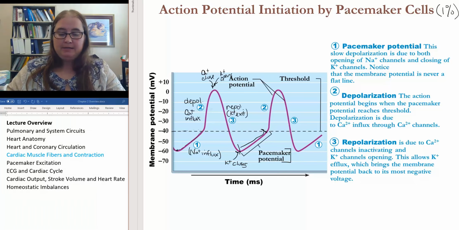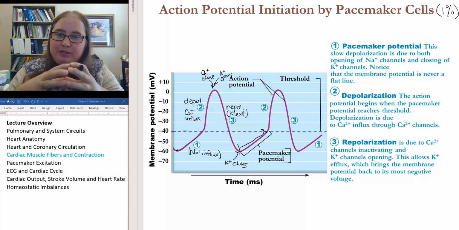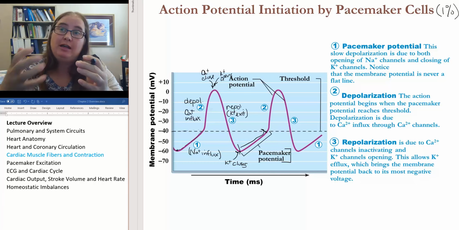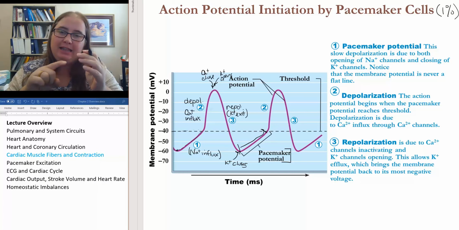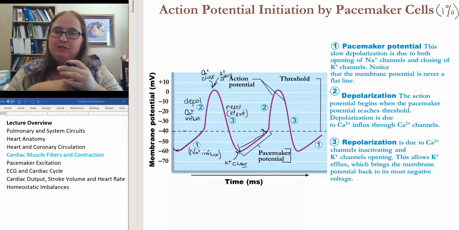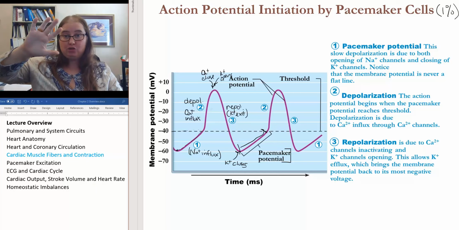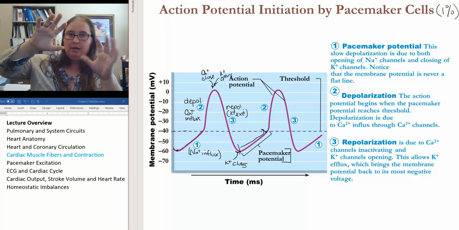Okay, now we talked about the fact that the 99%, the contractile population, requires an electrical signal, right? We said that. This is that electrical signal. So you have a population that doesn't contract, but that can depolarize on its own, okay?